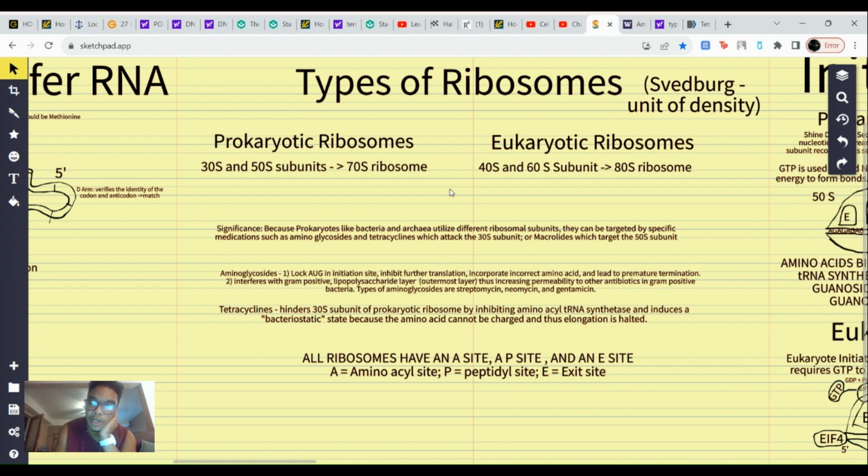When aminoacyl tRNA synthetase is catalyzing the reaction, it breaks up guanosine triphosphate into guanosine diphosphate and an inorganic phosphate. The breaking of the bonds releases energy, which allows the amino acid to bind to the tRNA, because like we said, anything that bonds requires energy, and it generates that energy from the breaking of the phosphate bond. This induces a bacteriostatic state because the amino acid cannot be charged unless elongation is halted.